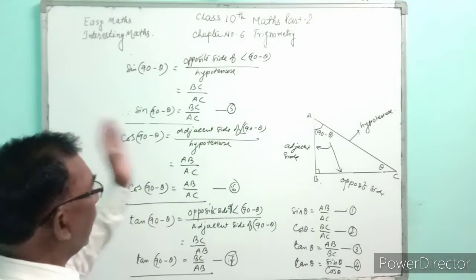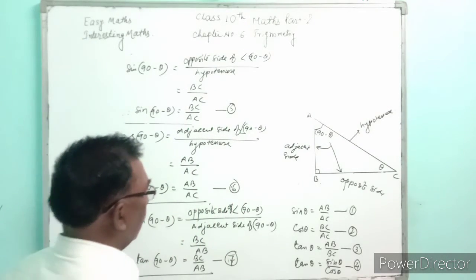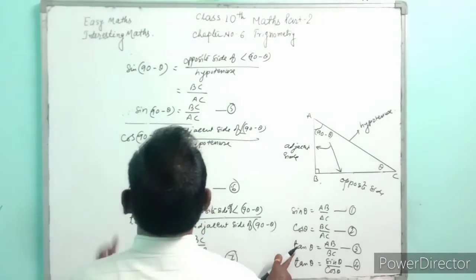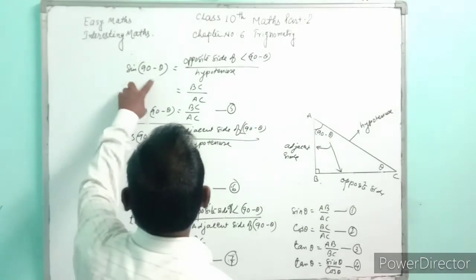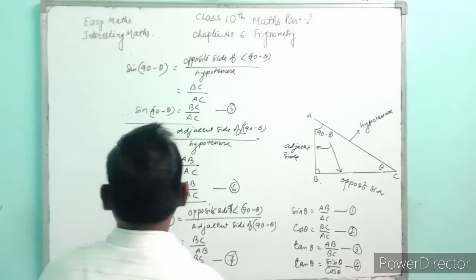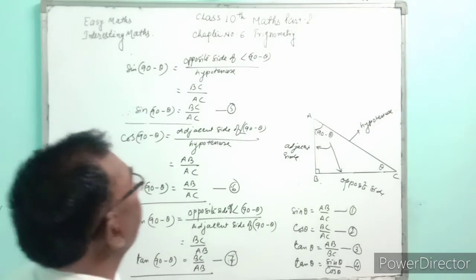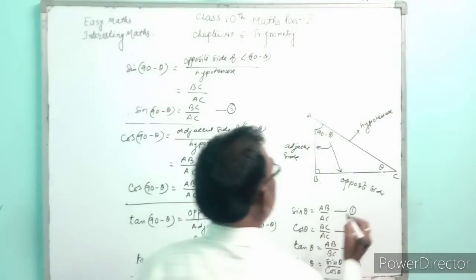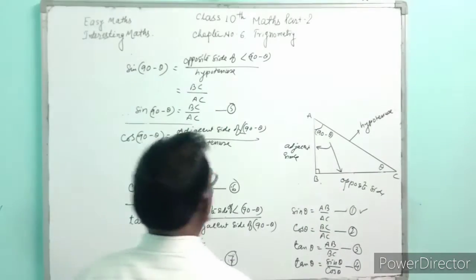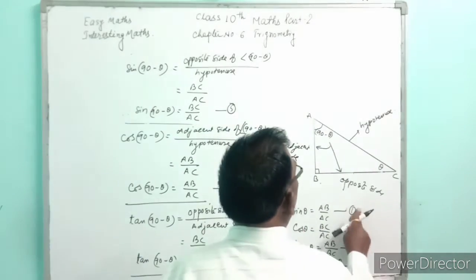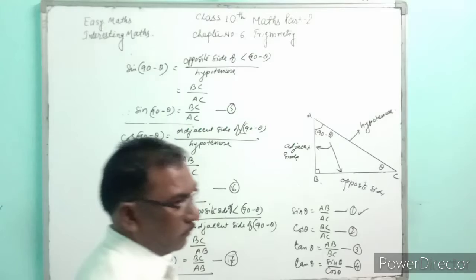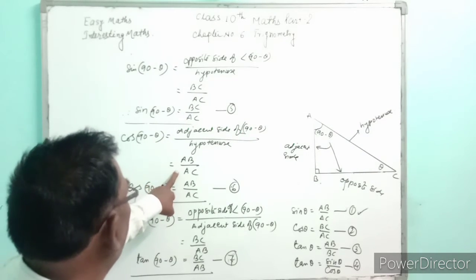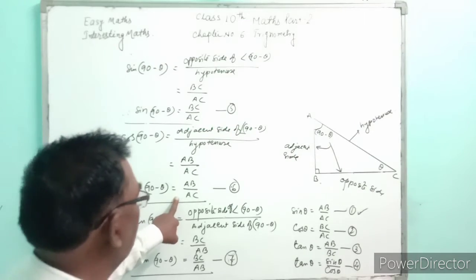Now we will write the relation between sin theta, cos theta, tan theta, and sin 90 minus theta, cos 90 minus theta, and tan 90 minus theta. So we will see equation number 1 and equation number 6.